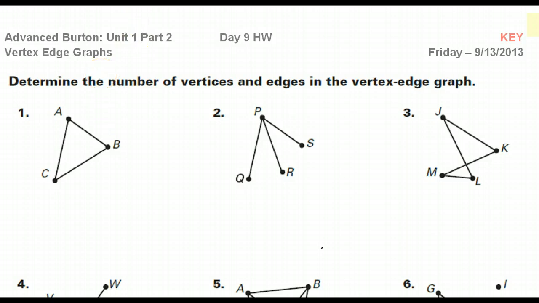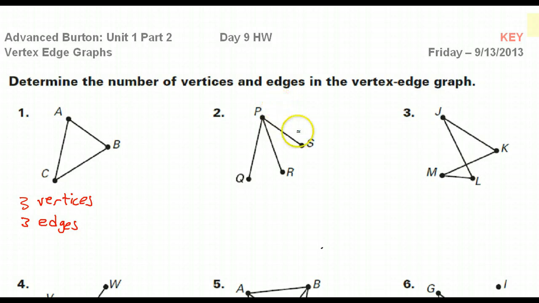Anyway, determine the number of vertices and edges in the vertex edge graph. Well, the vertices are just these corners, and the edges are the connections between them. So this has 3 vertices, and it has 3 edges.